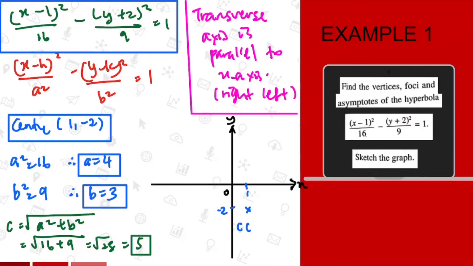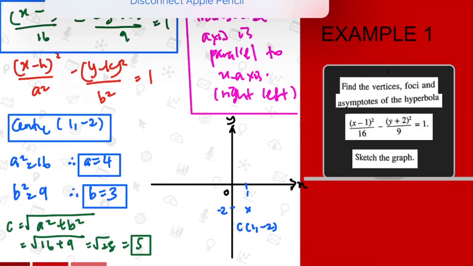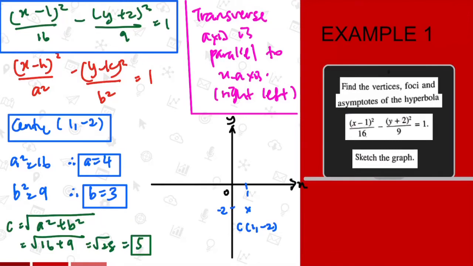Label this as your center, (1, -2). Next, we know that this graph will be opening right and opening left, because now we have the transverse axis going through this line here.